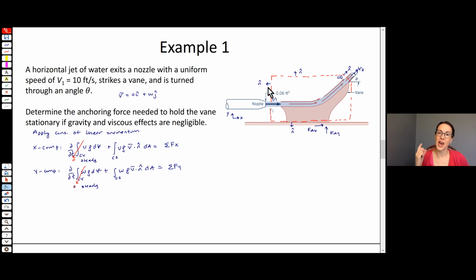We can assume we have a free jet. In other words, the pressure inside the jet is just atmospheric, because we don't see the jet spraying out when it exits the nozzle or narrowing, right? It just has the same width as it leaves the nozzle. So we know it's a free jet. We know that the pressure in the jet is just atmospheric.